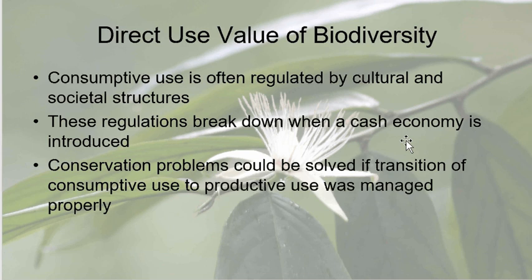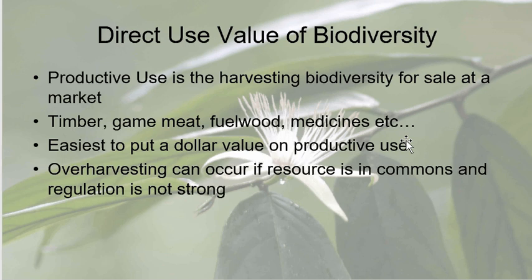So using a biodiversity product in a cash economy is known as a productive use. So the productive use is harvesting biodiversity for sale at a market. So you don't actually use the biodiversity product yourself, you actually sell it at the market for money.